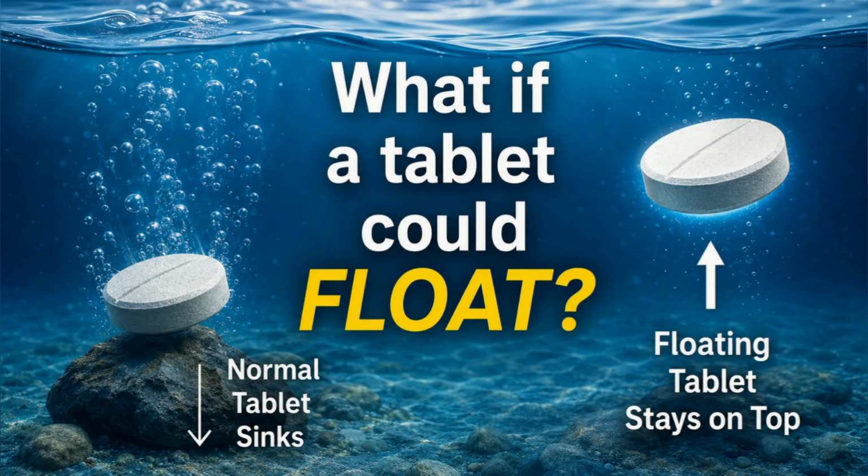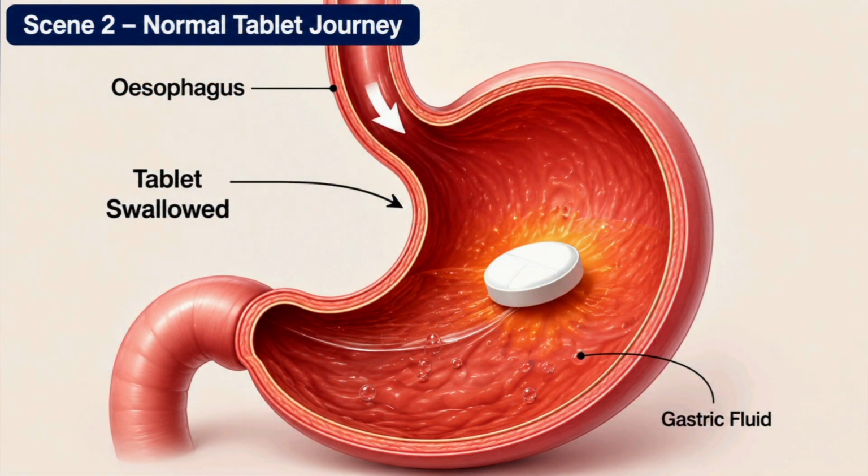Okay, is it clear? So, the normal tablet journey. First let us understand the normal journey of a tablet here. We swallow the tablet, it passes through the esophagus, then it reaches the stomach. The stomach contains the gastric fluid. After some time the gastric emptying pushes the dosage form towards the small intestine.